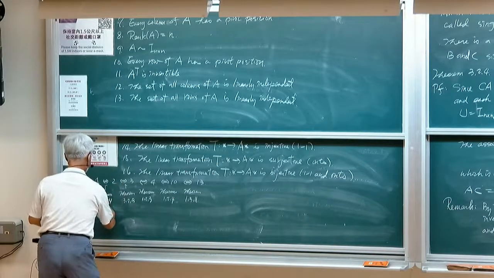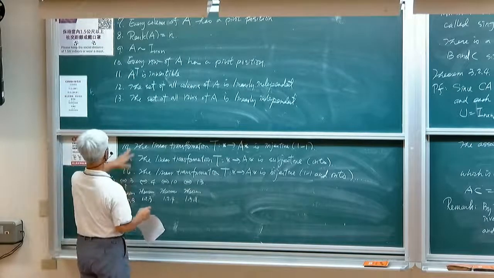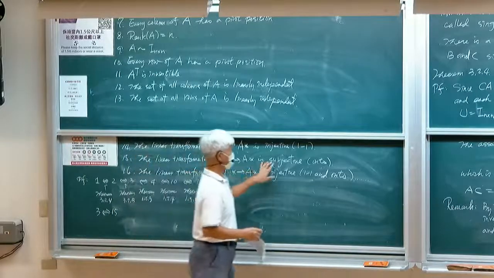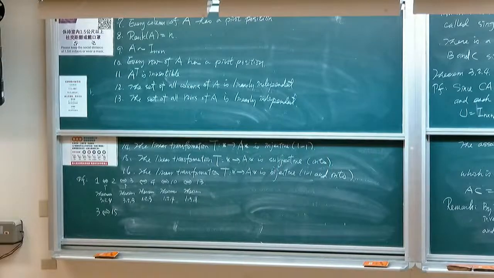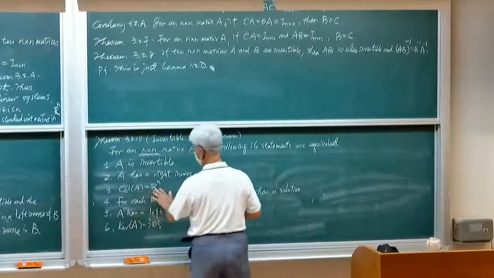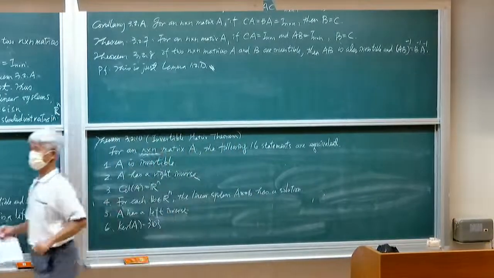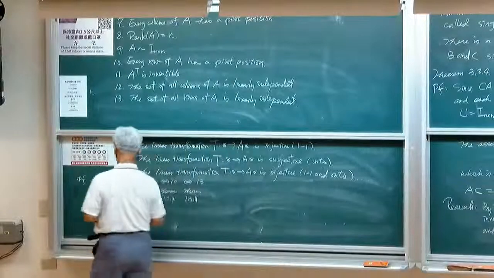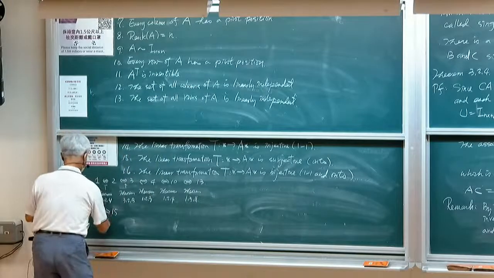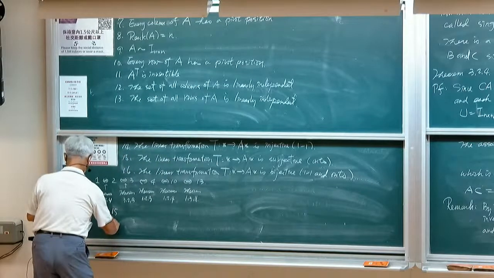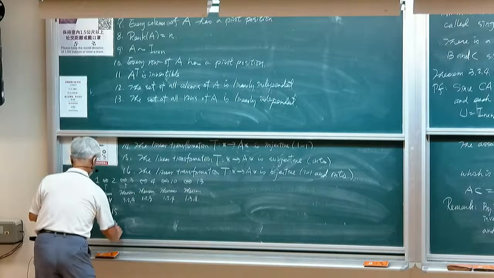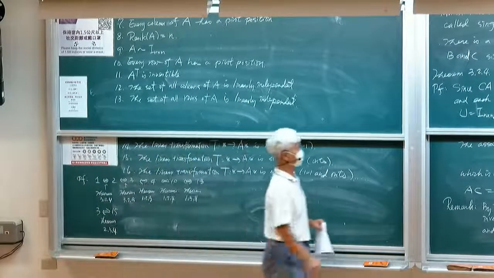Then 3 is equivalent to 15. 15 is saying that this linear transformation is surjective, but it's surjective if and only if the column space of A is Rn. So the range is equal to the codomain. Okay, so this is from theorem 2.3.4.